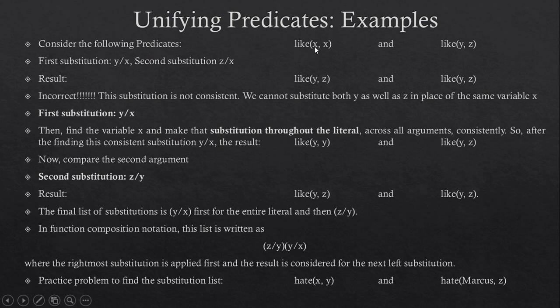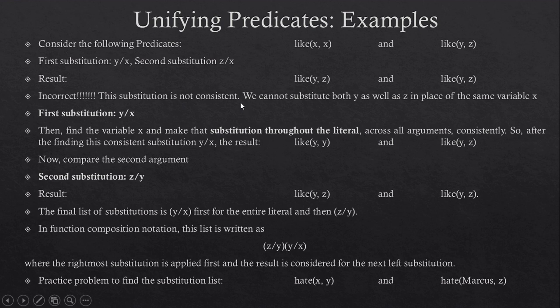If we continue now with the next arguments x and z, we may produce the substitution z for x. And in this way, we may have the result as like(y, z) and like(y, z). But this is incorrect way of substituting. Why? It is because this substitution is not consistent.